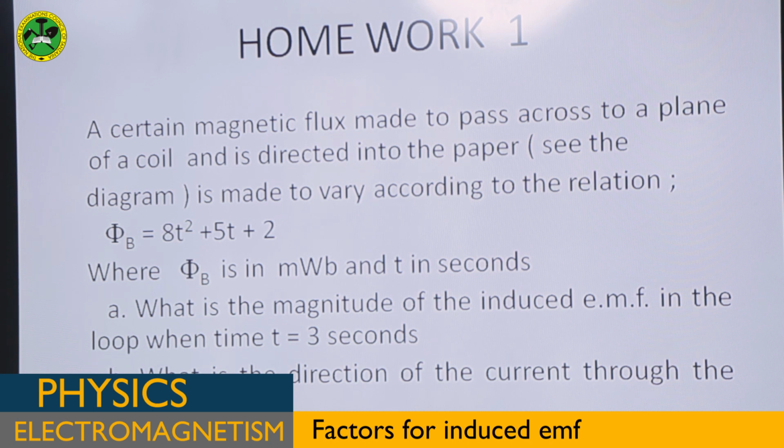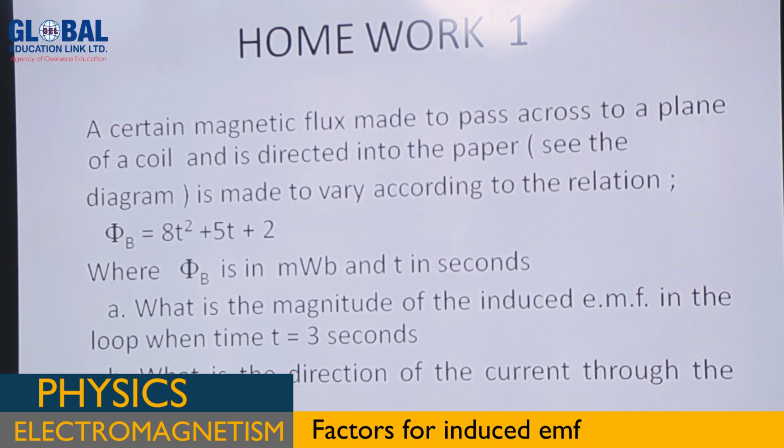This magnetic flux varies according to the relation phi B equals 8t squared plus 5t plus 2, where phi B is the magnetic flux measured in milliwebers, and t is the time measured in seconds. The question: A, what is the magnitude of the induced EMF in the loop when the time t is 3 seconds?